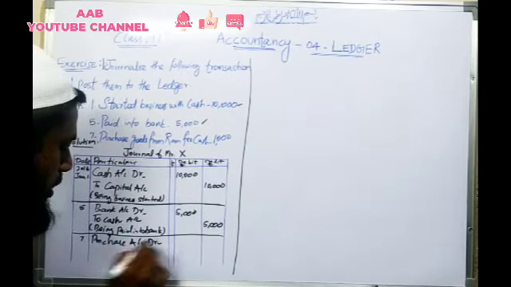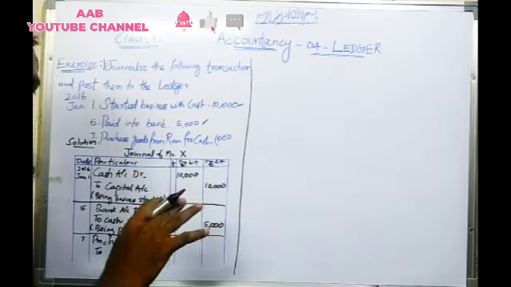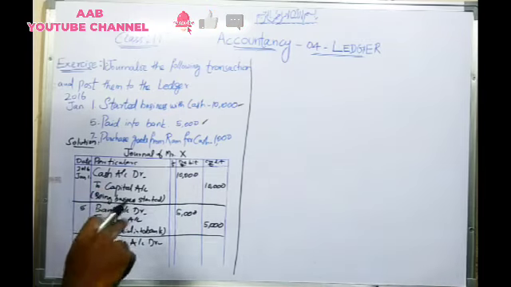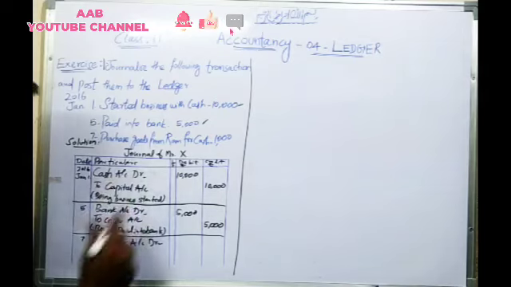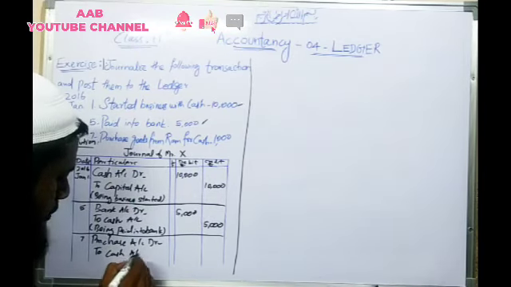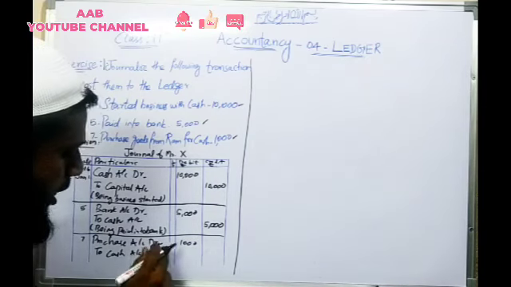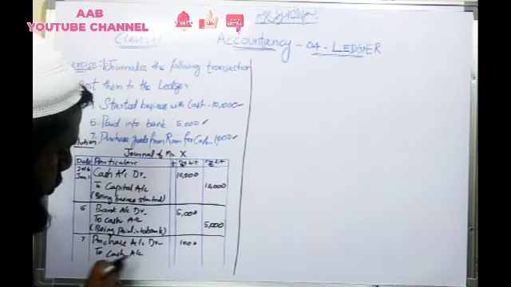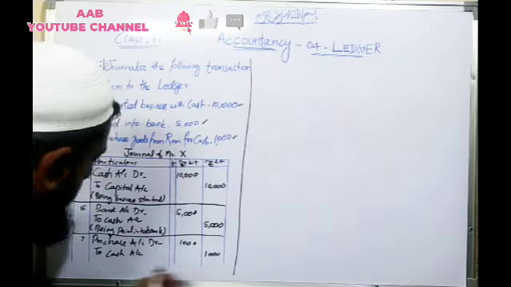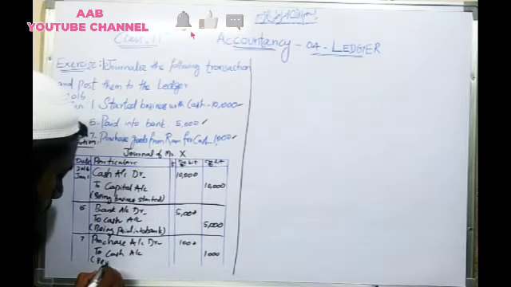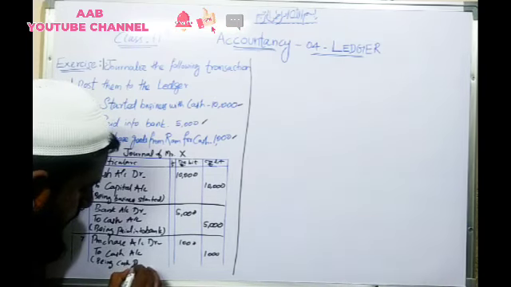Purchase account debit to cash account. Purchase will come in and cash will go out because it is a cash purchase. How much? 1,000 rupees in the debit and 1,000 rupees in the credit. The narration is: being cash purchase. That's all.